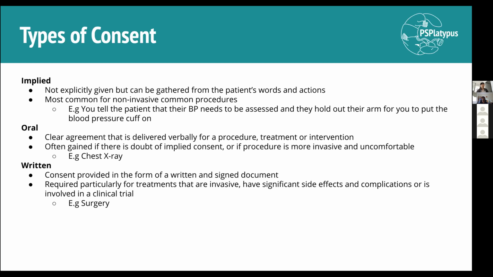Oral is basically clear agreement that is delivered verbally for a treatment. For example, if a doctor says to the patient, I'll be taking a chest x-ray, do you consent to it? Patient says yes, there we go.